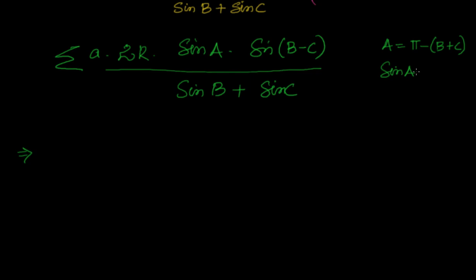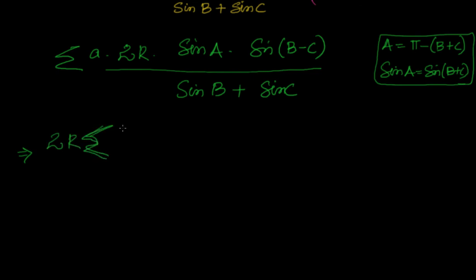So I can bring 2r out because it's not going to make any difference. Sigma a into, can I say this as sine of b plus c into sine of b minus c by sine b plus sine c.